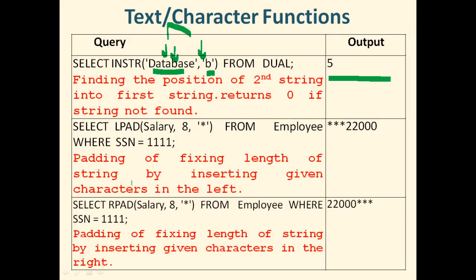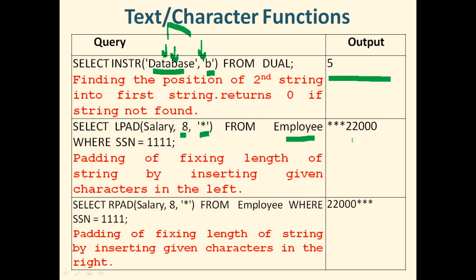The next function in series is LPAD and RPAD. Both functions I want to tell you together. They are used to fill a particular character or a string from either the left position or the right position. As you can see here, select LPAD salary, 8, star. It means in the salary column, whatever is available in the employee table, we have to make its length as 8, and to fill the spaces, we have to use a star.